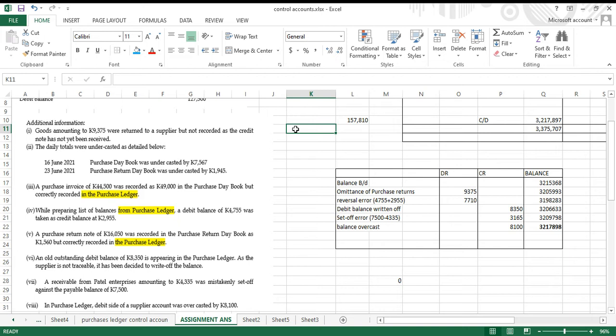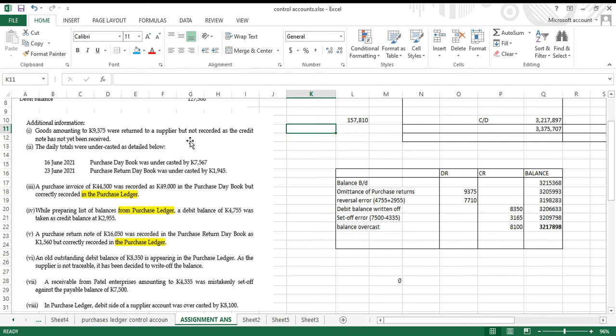Every time you return goods to your supplier, the amount that you're owing him is going to have to reduce, because since you returned goods, the amount that you're owing him must reduce. And control accounts, and the accounts which are found on the purchases ledger, they're all liability accounts, right? They increase with credit and they decrease with debit, all right?